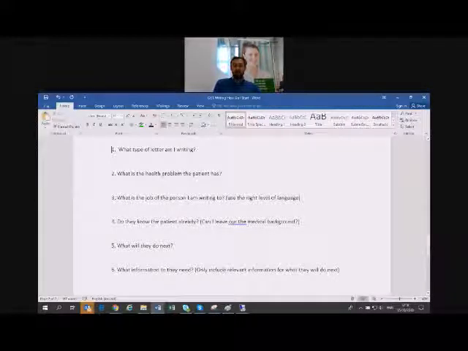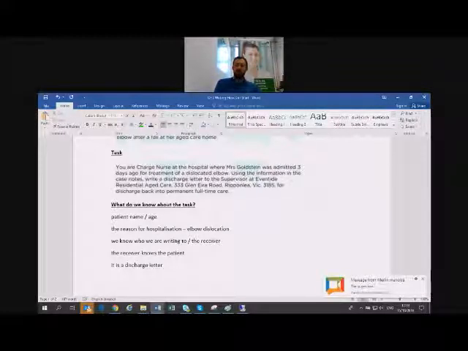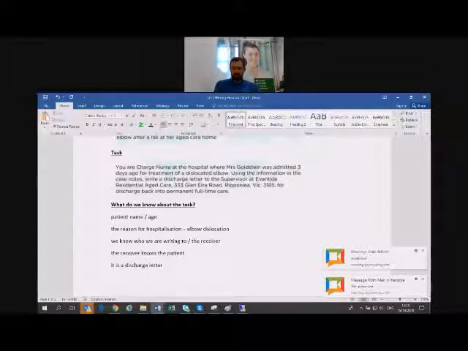What is the job of the person I'm writing to? Now that's important. If we look at this task, who are we writing to? Who is the receiver of this letter? The supervisor? Now it's an interesting question. You'd have to think that at a residential aged care home the supervisor would be someone who understands medical language.